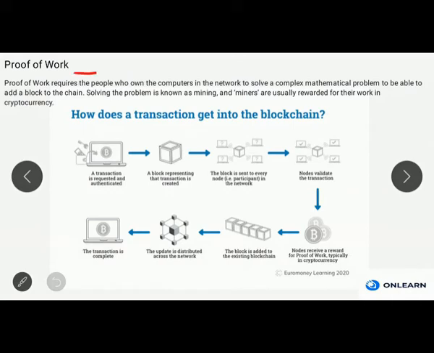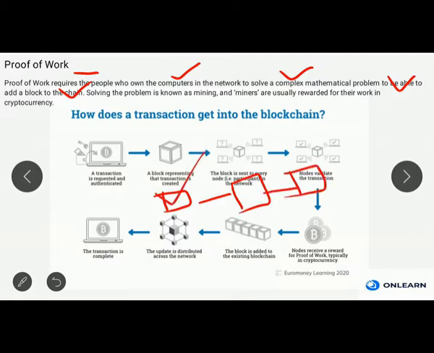What is proof of work? Now, this proof of work principle requires that the people who own the computers in the network solve a complex mathematical problem to be able to add a block to the chain. That means basically blockchain consists of many individual ledgers, so they are like blocks.